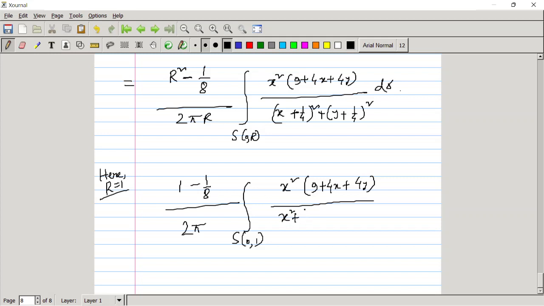So I am just deriving this square term, that is x square plus 2 into x into half. Okay, let me write x square plus y square plus x by 2 plus y by 2 plus 1 by 8, right? Is it okay, this line?